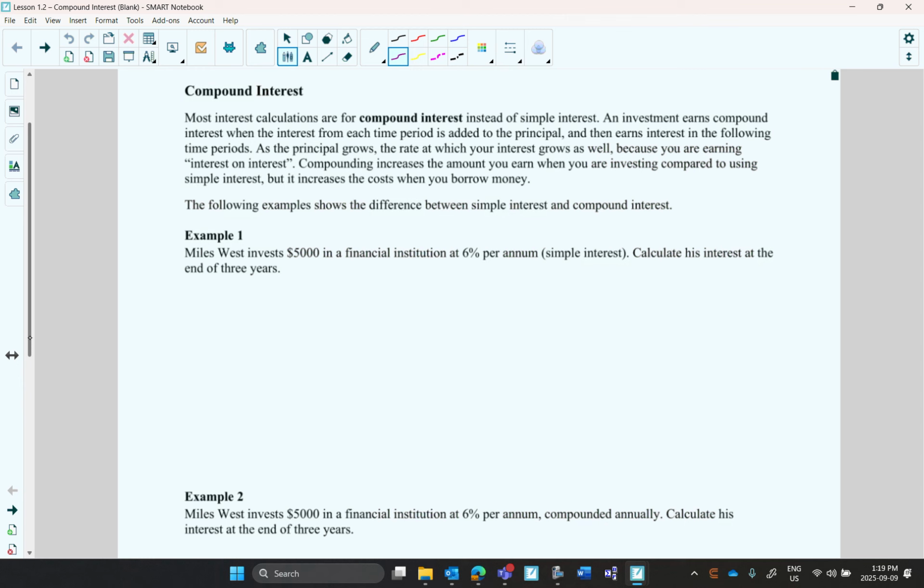So what's the formula again? The interest will equal PRT. What's the P in this case? 5,000. That's how much that principal, how much you invest. What's R?